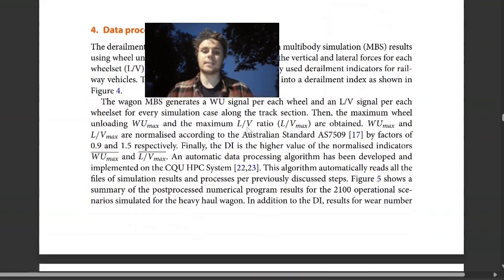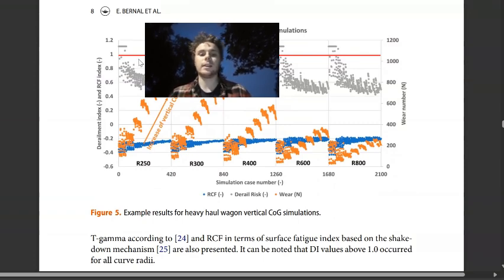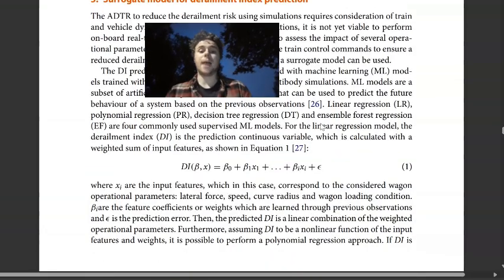I'm scrolling past these because I do not understand the science. Here, I've studied this chart for a good 15-20 minutes. All I know is that this derailment index is, derailments are rare, but there are some derailments, and math is hard.